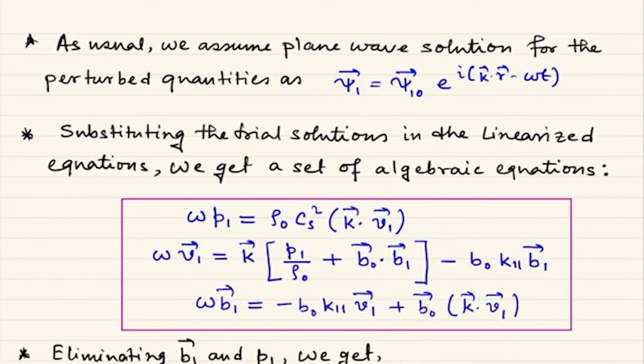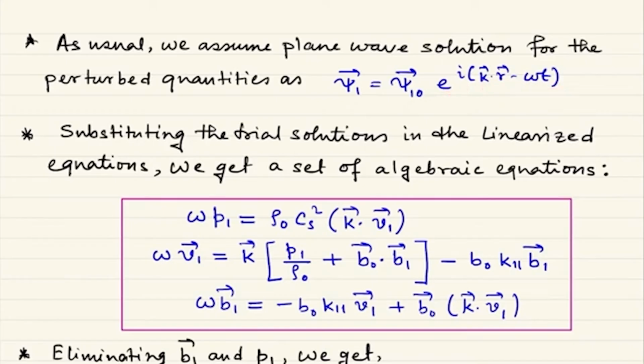Now as a next step, we simply assume plane wave solutions for the perturbed quantities. For an arbitrary perturbed quantity psi, we can write the perturbed quantity psi 1 as psi 1 0, that is the amplitude, times e to the power i k dot r minus omega t.